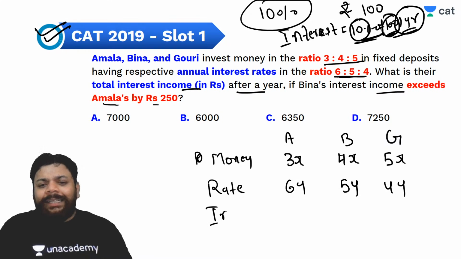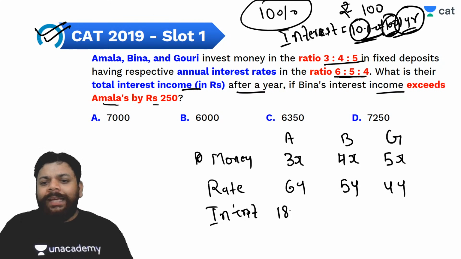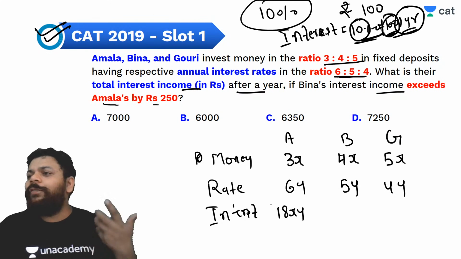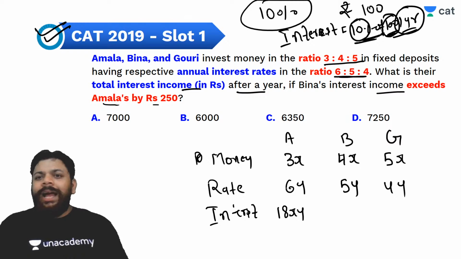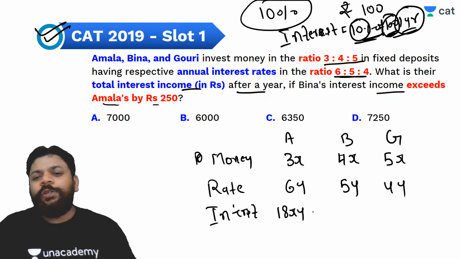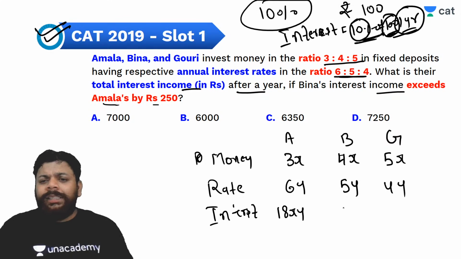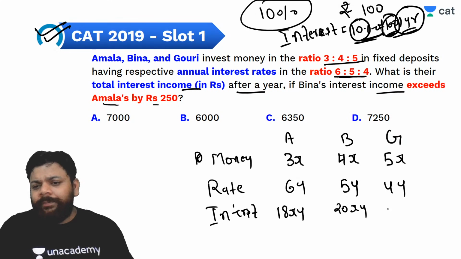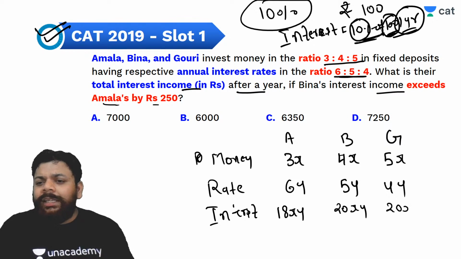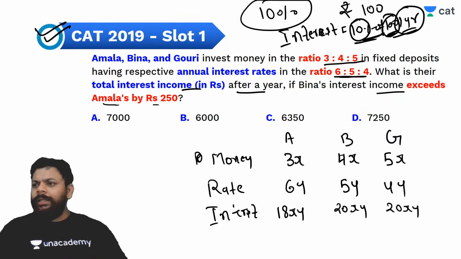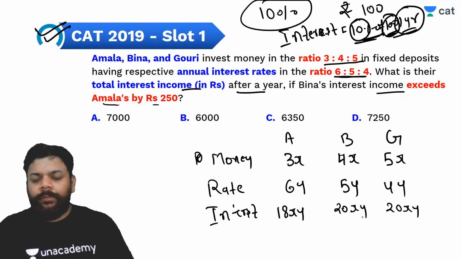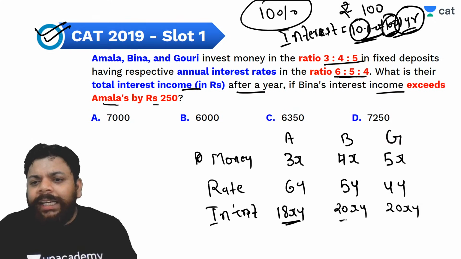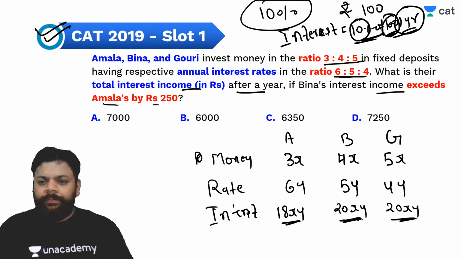So can I say that यहाँ पे अगर मैं interest लूं, so this is going to be 18xy, क्योंकि मुझे obviously multiply करना होगा and 100 से तो सभी में divide हो रहा है, since we are calculating ratio, तो ऐसा कर सकते हैं, this is going to be 20xy and this is going to be 20xy. So are you getting this? ये 18xy, ये 20xy, ये 20xy.